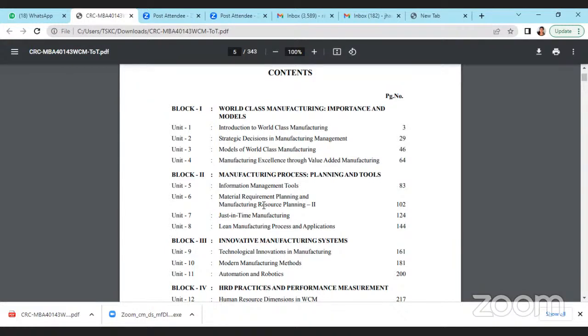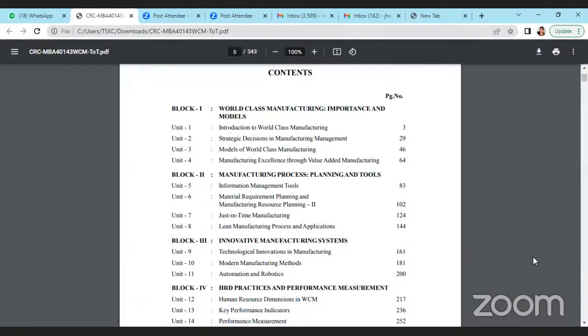In block 1 we will have overall information about how it has evolved, what the different strategic decisions are, and what the different tools and models are.